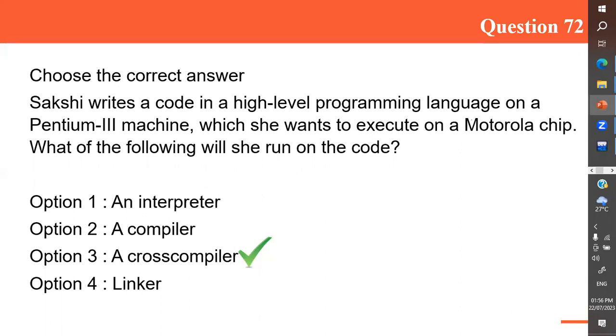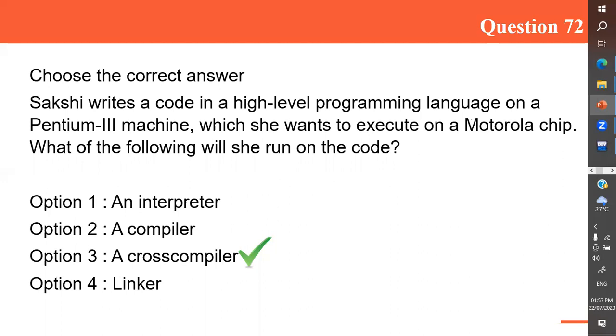Okay, got it? In a way, we can tell JVM is also a cross compiler. JDK we have to consider a cross compiler, because on different systems we can install the same architecture. It can run on any operating system. Those are called cross compilers. Understood, everyone? A lot of theory questions.